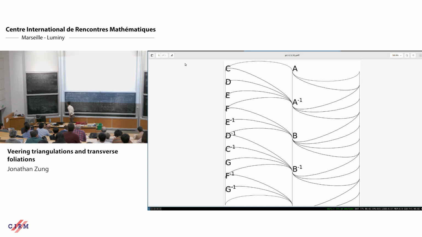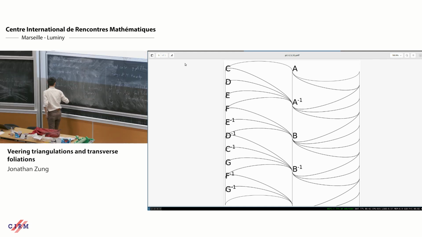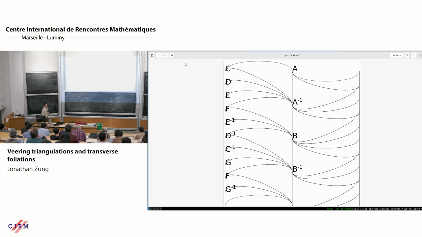In this case, there exists an algorithm to check whether a given rational slope, p over q, is inside Z. Okay, so this is the sense in which this problem is computationally tractable.